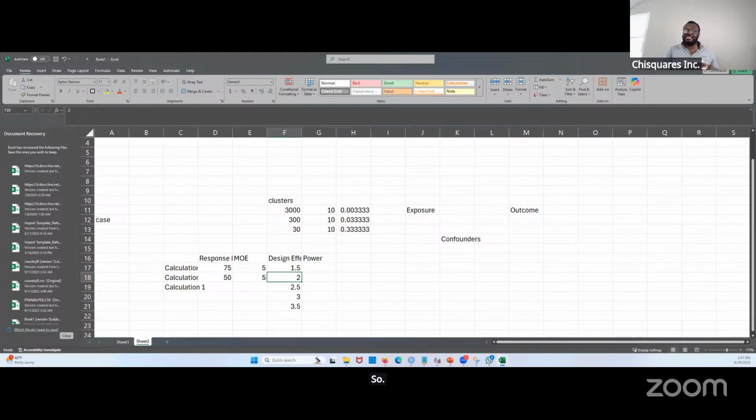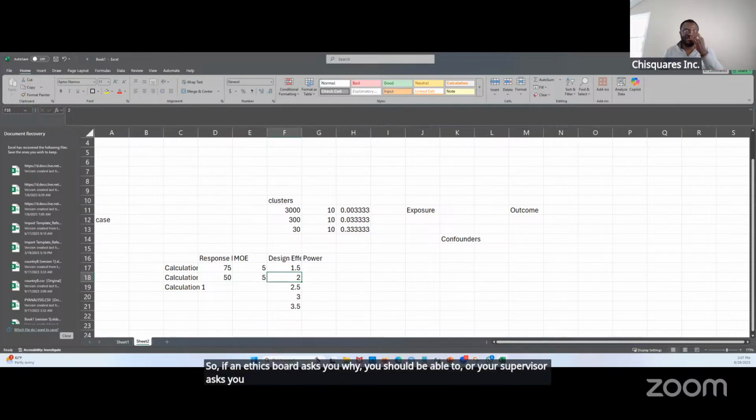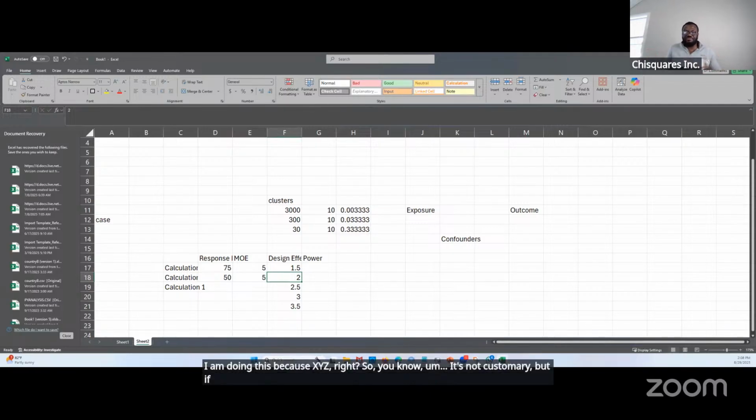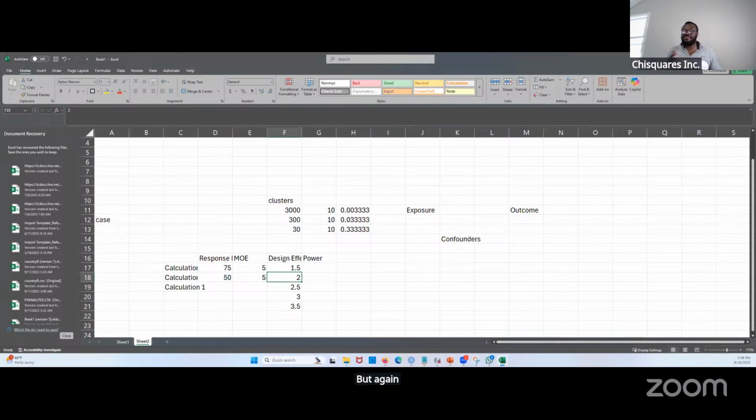So if an ethics board asks you why, or your supervisor asks you why, you must give a cogent answer that is reflective of your context, not that I heard that people do this. No, that's not an acceptable answer. I am doing this because XYZ. It's not customary, but there may be a reason, there must be a reason why you're doing that. But again, just make sure it's defensible.